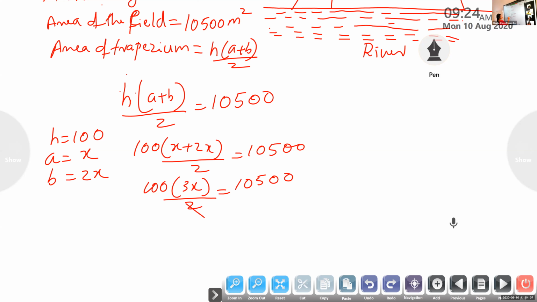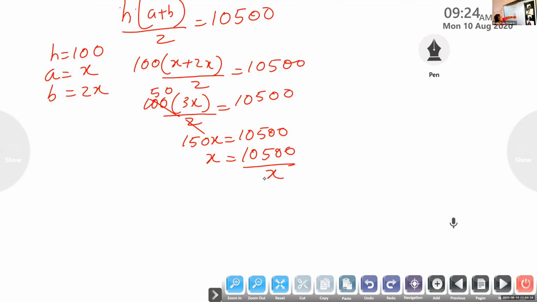This we can cancel as 50. So 50 into 3, 150. 150x equal to 10,500. So x equal to 10,500 by 150. Find how much it is.